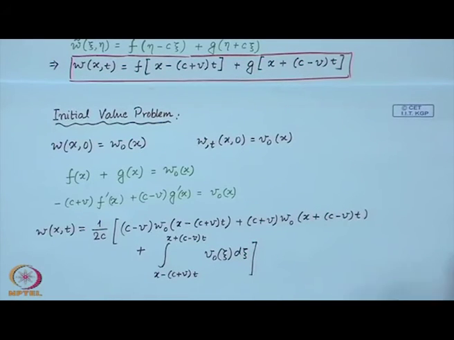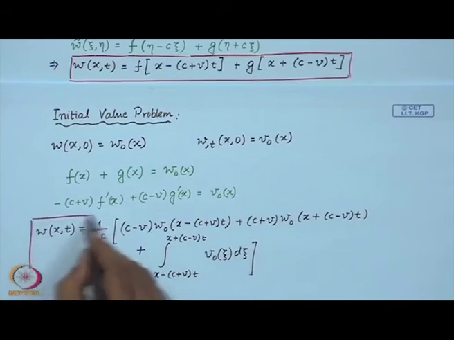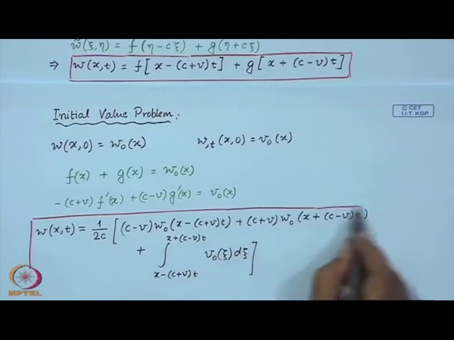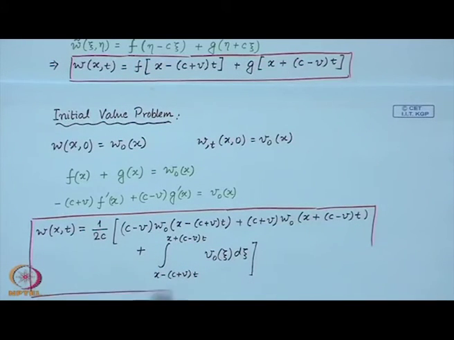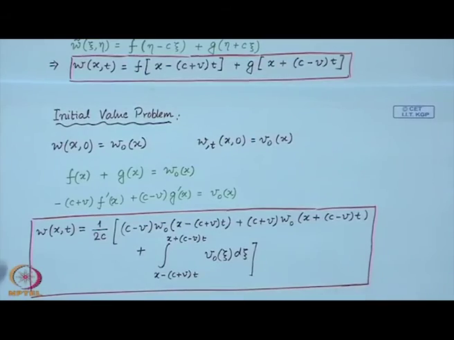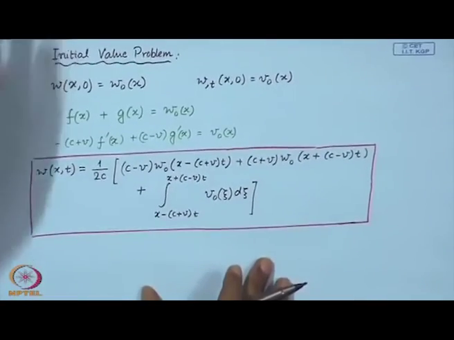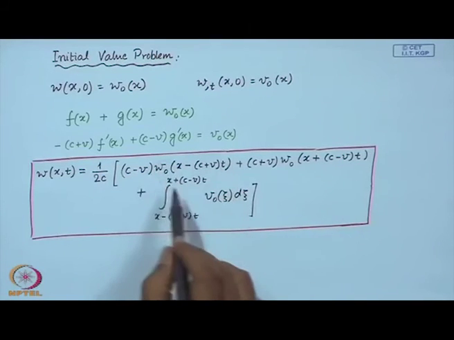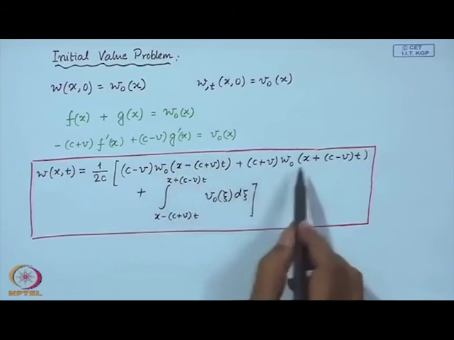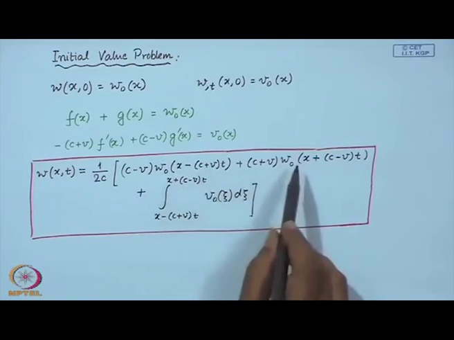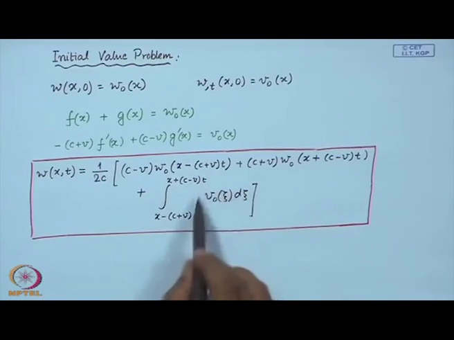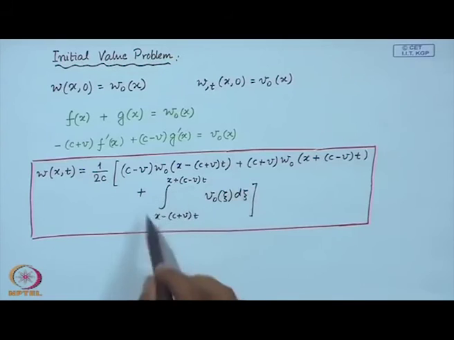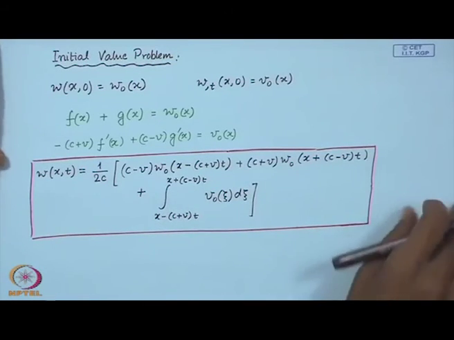So, this is our solution for the initial value problem. So, when we have initial displacement, these are the contributions in the solution, and the initial velocity contributes in this way. Suppose, let us take an example.